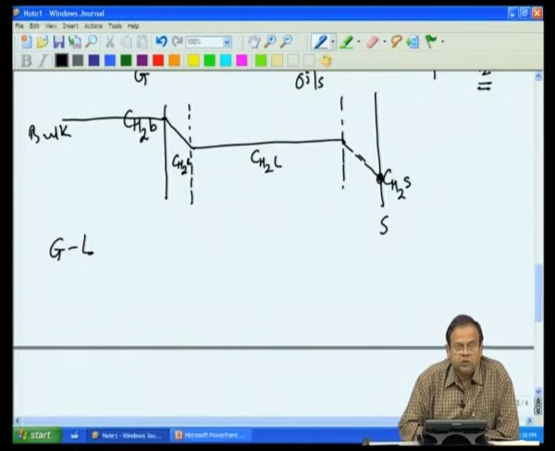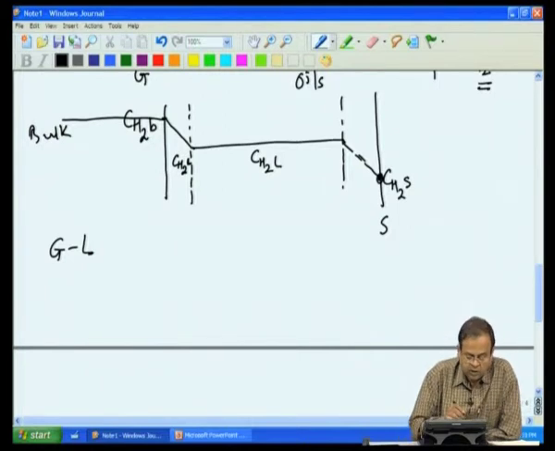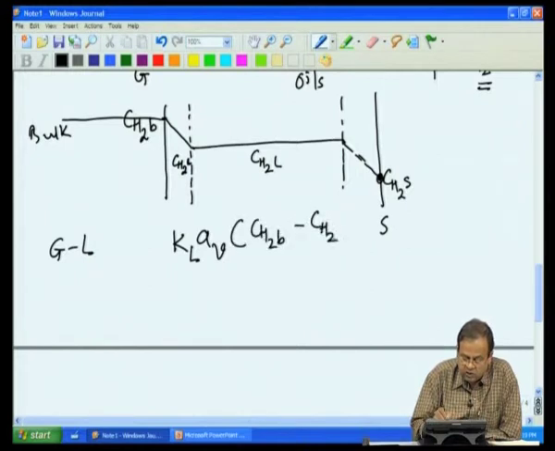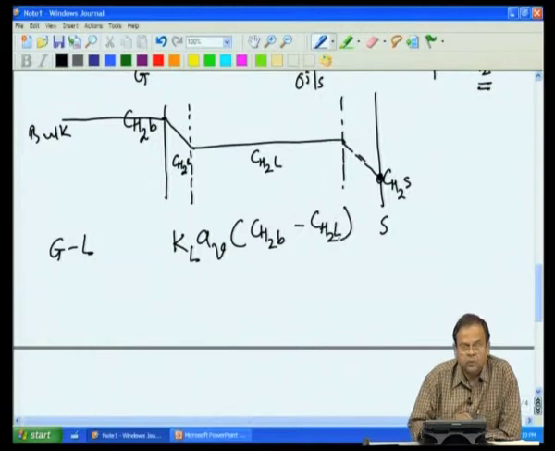The rate at which hydrogen is getting transferred across the gas liquid interface can be represented as KL into AV into CH2 bulk minus CH2L.